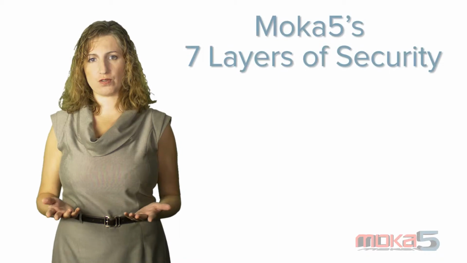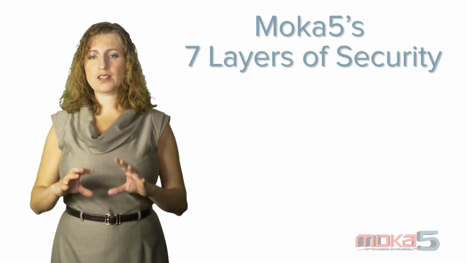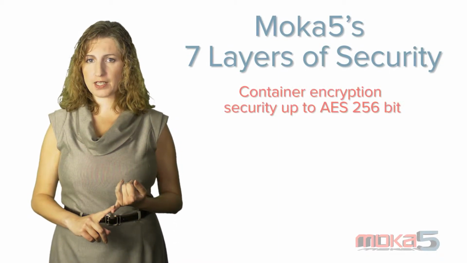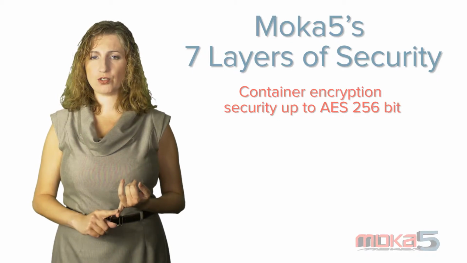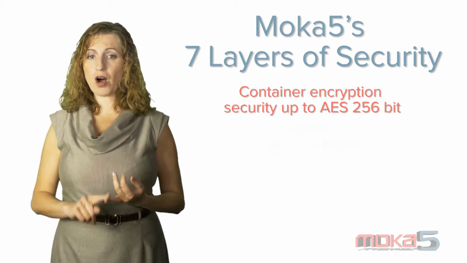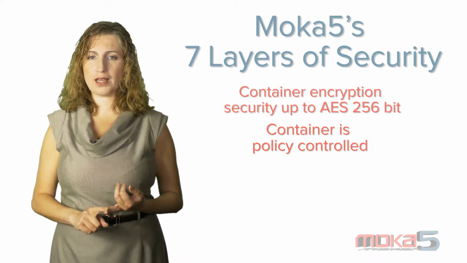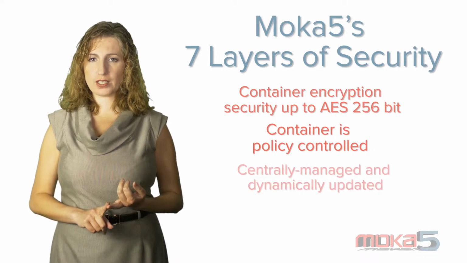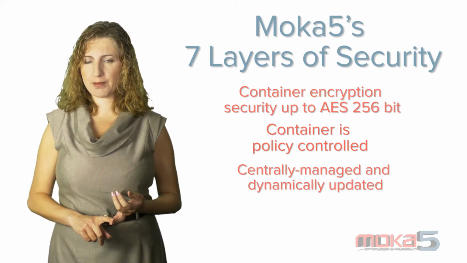Now let's focus specifically on how to secure this container, assuming that it is sitting on an untrusted host because it's a device that the organization does not own, control, or maintain. And we like to break it down into what we call the 7 layers of security. That means including encryption of the container itself up to AES 256-bit. It's a policy-controlled container that you can manage centrally and dynamically update.